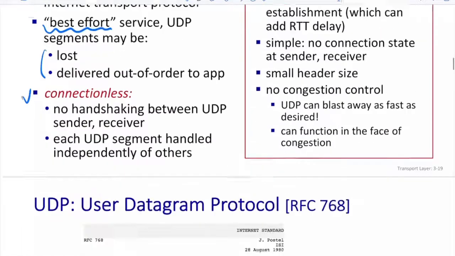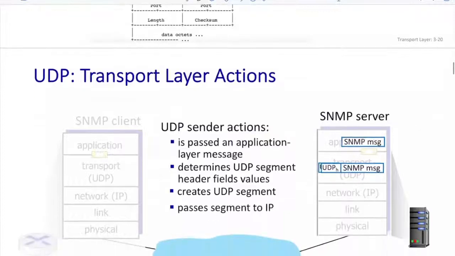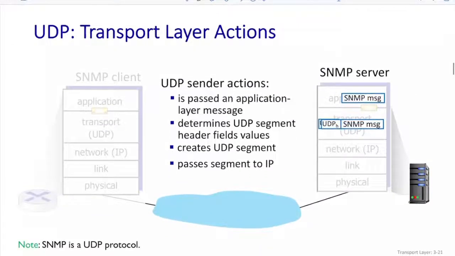Here is the RFC 768, but we can skip this one. Right here, SNMP is a UDP protocol, but we will not introduce SNMP in our slides, because the textbook does not introduce anything about SNMP.